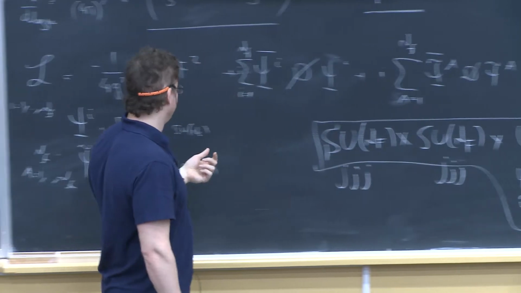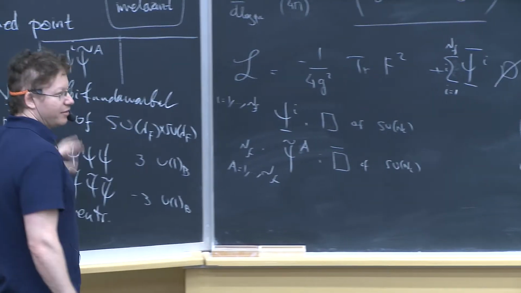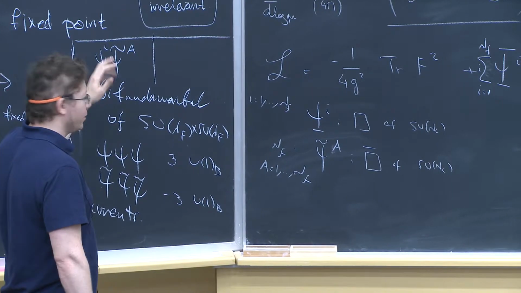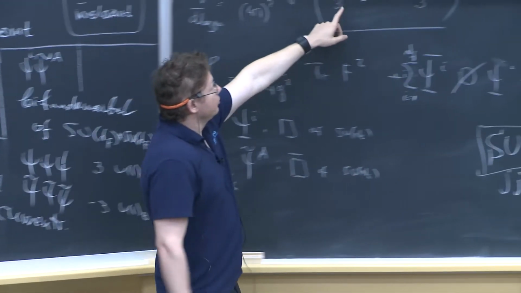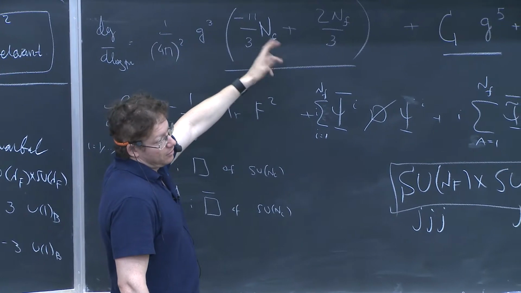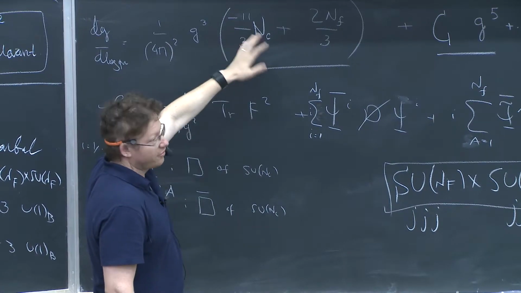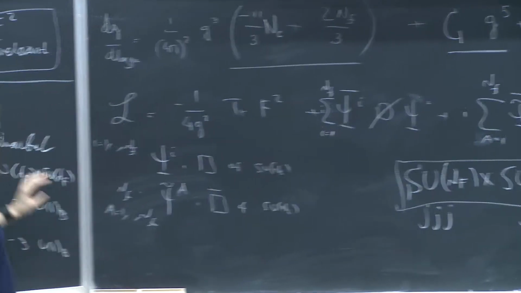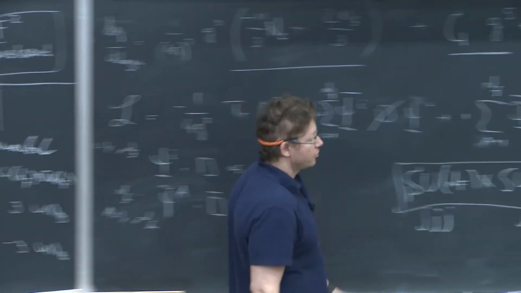There's no distinction between fundamental quarks and anti-fundamental quarks. So the symmetry breaking pattern is a little different, and you just have to redo the analysis, but conceptually it's the same thing. This formula still holds for NC equals 2. And NF has to be even by Witten's anomaly, so you can solve. Basically it's the same, you just have to redo the analysis of the group theory.